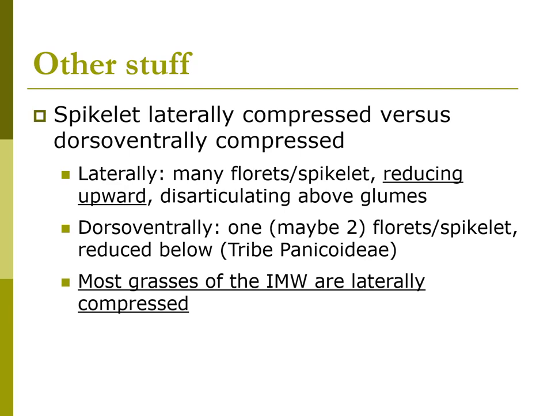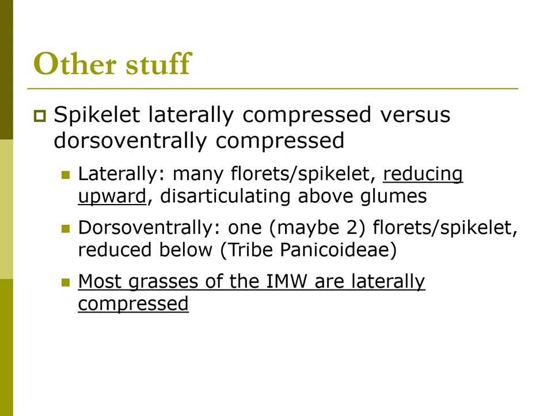And they typically disarticulate or break off the plant above the glumes. If they're dorsoventrally compressed, there's usually only 1, maybe 2 florets per spikelet, and they're reduced below, meaning the immature or infertile floret is going to be down inside the glumes below the main fertile floret.